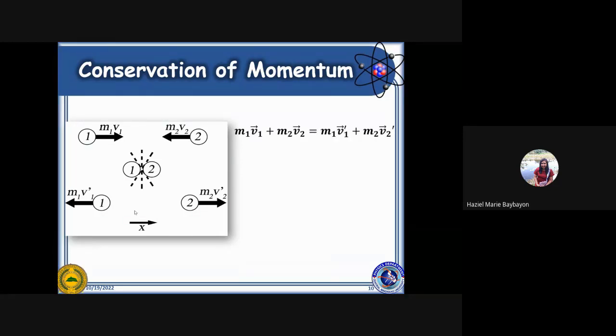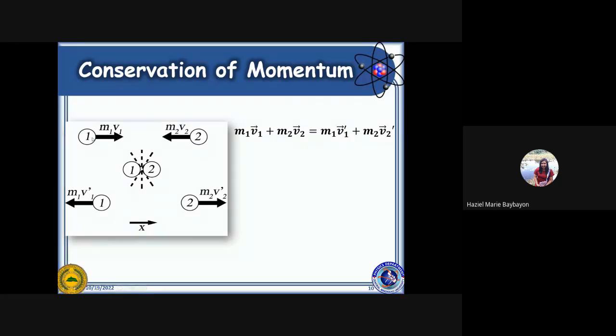Okay, so we have here two balls that are colliding. Initially, ball 1 is moving with velocity v1, and ball 2 with mass m2 is moving at velocity v2. Take note that you need to set the direction of your object.